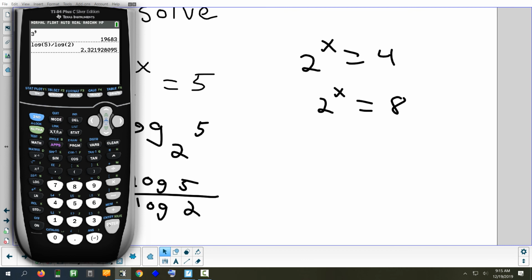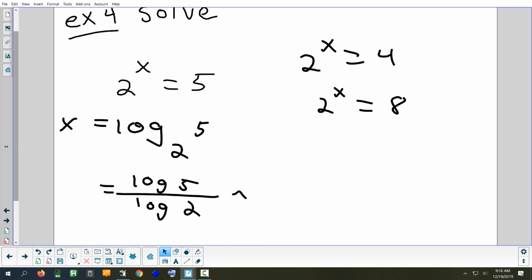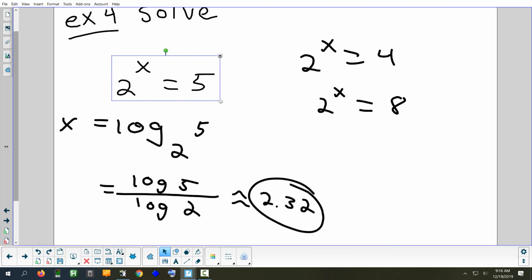And we get about 2.32. And that's what we thought the answer should be. 2 to the second power was too small. 2 to the third power was too big. So 2.32. You'll have plenty of time to do the test, more than usual. So if you wanted to check it, you could just take 2.32, plug it in, make sure 2 to the 2.32 comes out to 5.